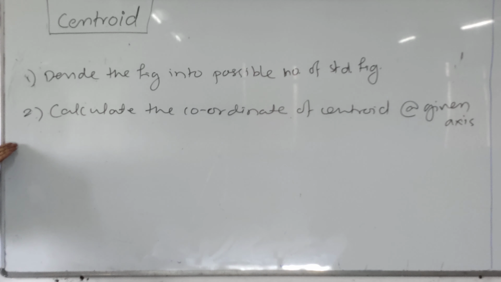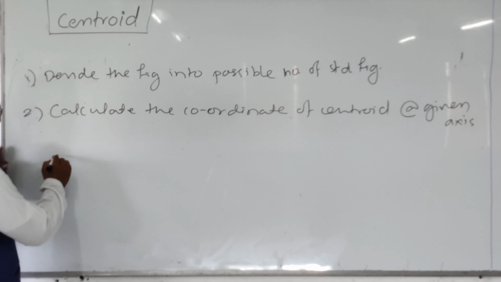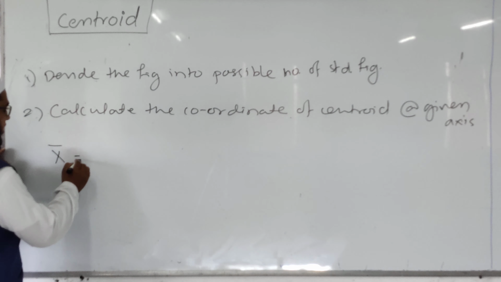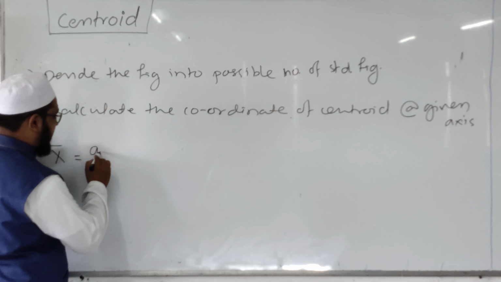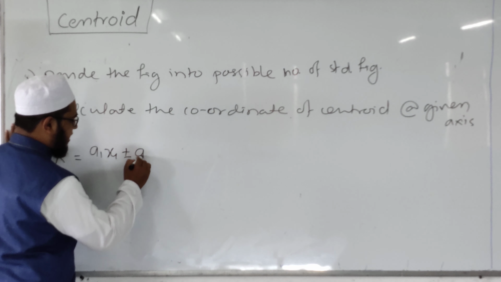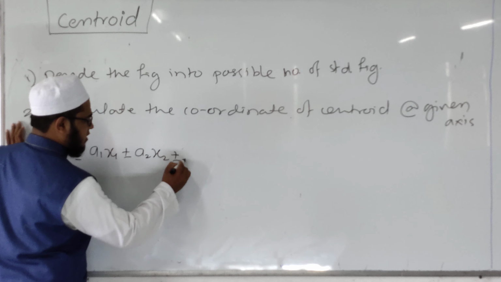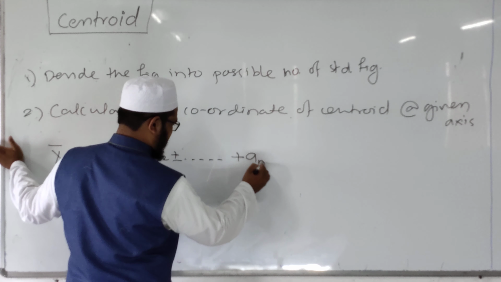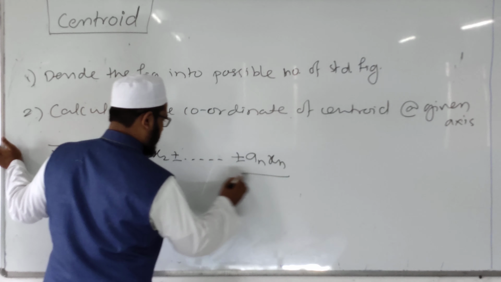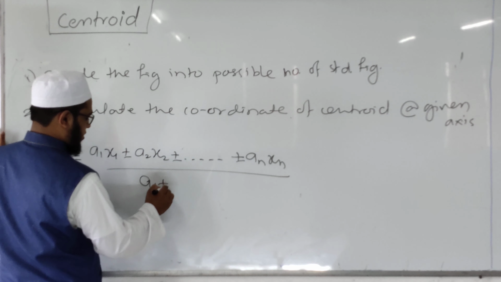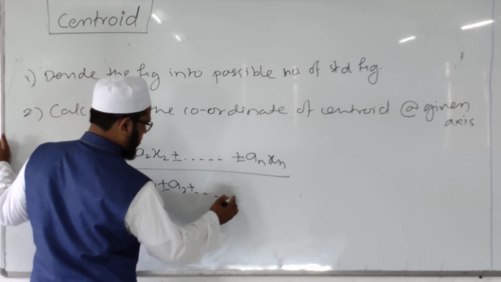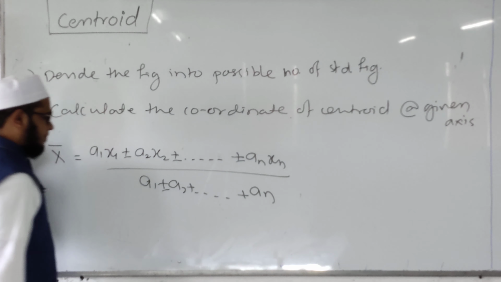After this calculation, we will use the formula for the centroid: x bar equals a1 x1 plus or minus a2 x2 plus or minus an xn, divided by a1 plus or minus a2, up to an.